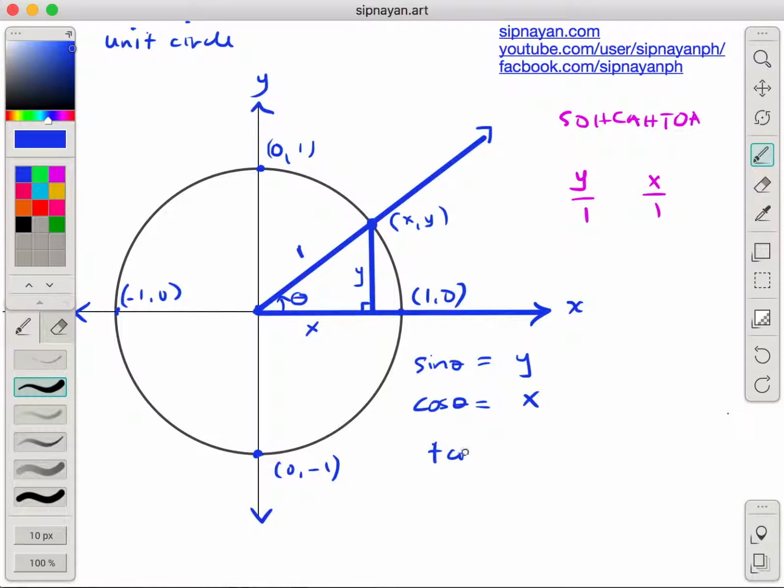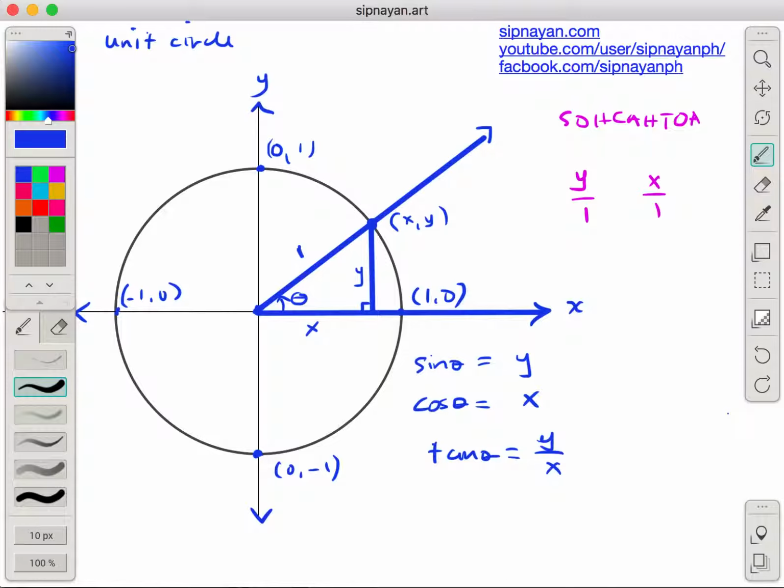Pangatlo, tangent theta is equal to opposite over adjacent. So, alin ang opposite natin? Ito yung adjacent natin. Okay, so opposite over adjacent.